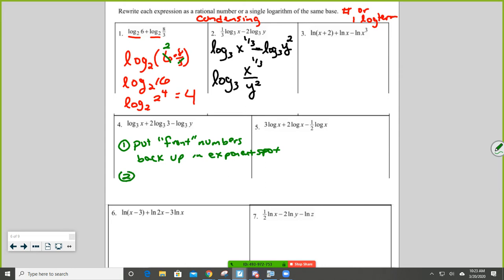Technically, they're called coefficients. And then you look for the plus or minus. That tells you, are you going to multiply them if it's a plus, or are you going to divide them if it's a minus? Those are the 2 steps you do with these problems. And you want them to either end up with a number where the log is all the way gone, or just one log with everything bunched up together in it.